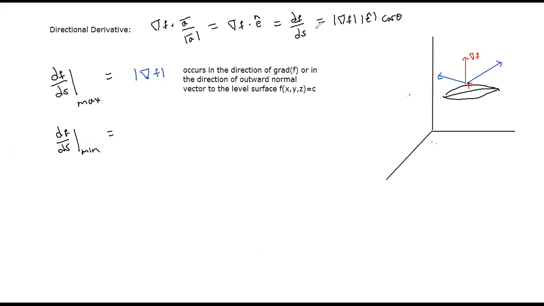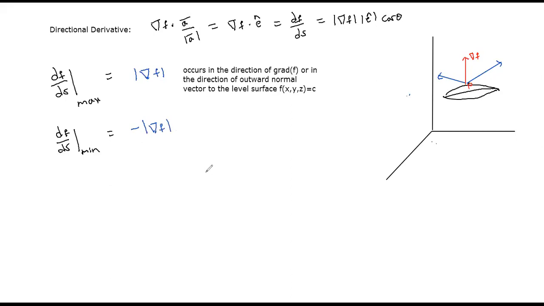Does that mean the minimum value of the directional derivative is always 0? No, sir, it can be negative also, when cos theta is negative. When theta equals pi, the minimum value of cos theta is minus 1, right? The maximum value of cos theta is 1, and we know a negative value is always less than 0. So modulus of e cap is 1, and if cos theta is minus 1, this value will be minus of mod del f.